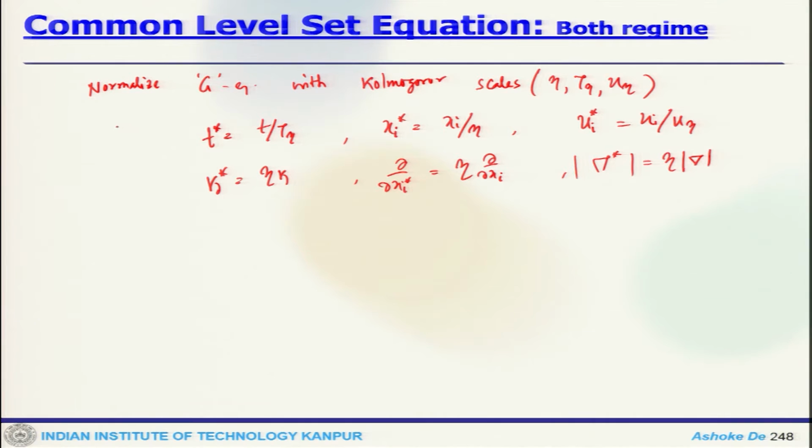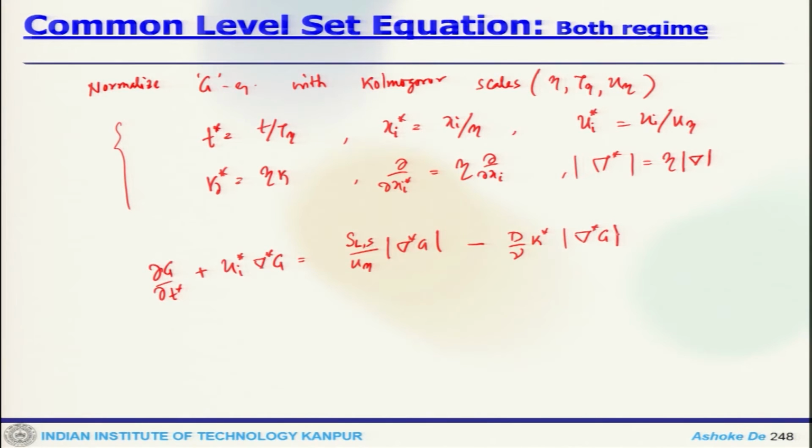So now if I use these normalization parameters, we can write the G equation like del G by del t star plus ui star delta star G equals SL S by u eta delta star G minus d by nu kappa star delta star G magnitude.